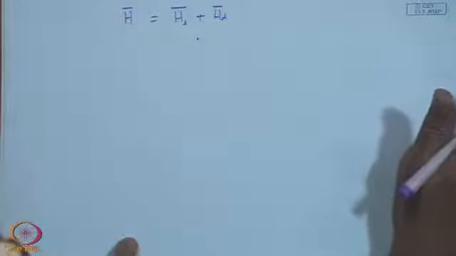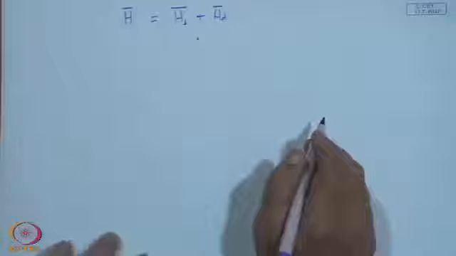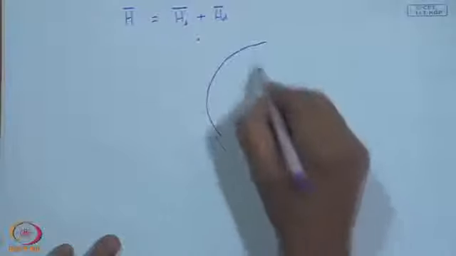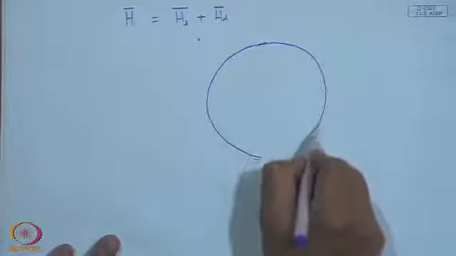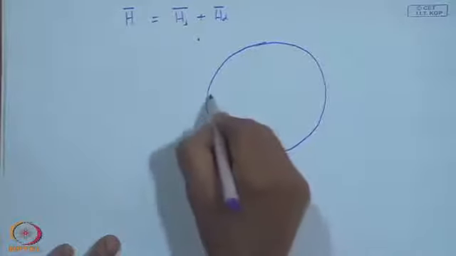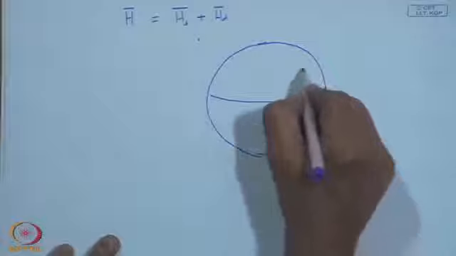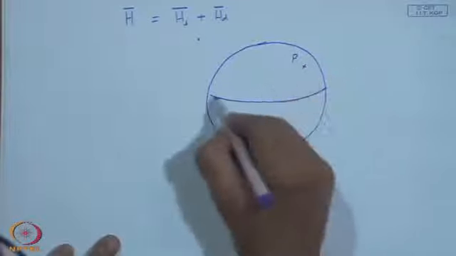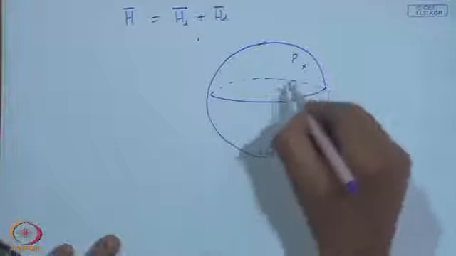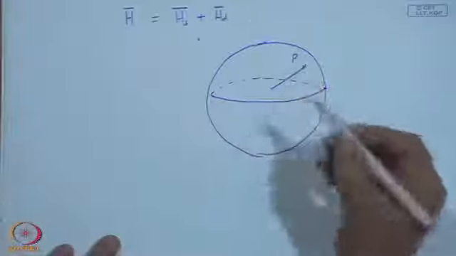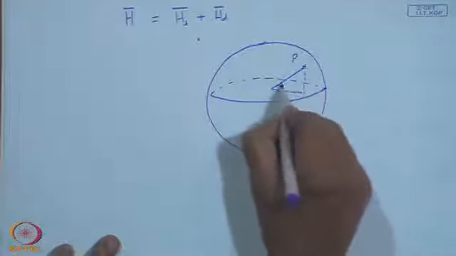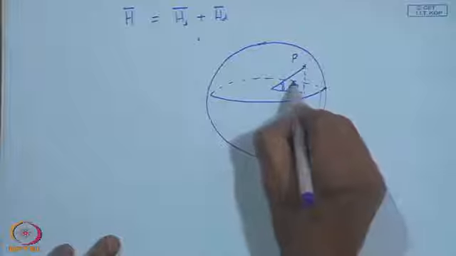Now, before we go to that, we should know a little bit about different angles. If you have the earth and there is the equatorial plane, and I consider any point P, the angle between the line joining the point, projected onto the equatorial plane, is the latitude phi.